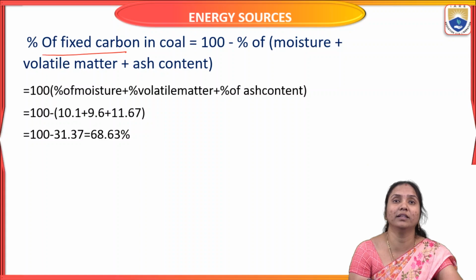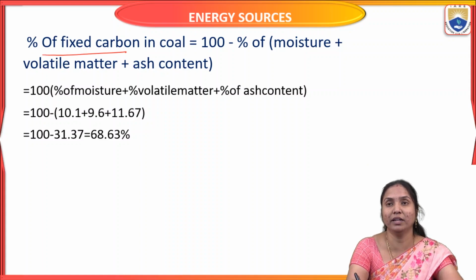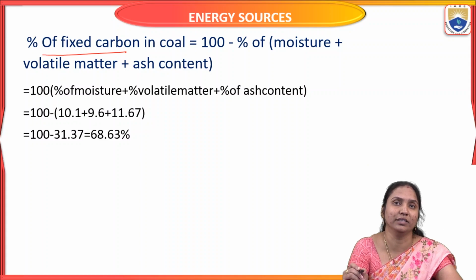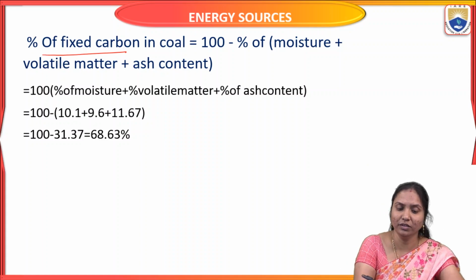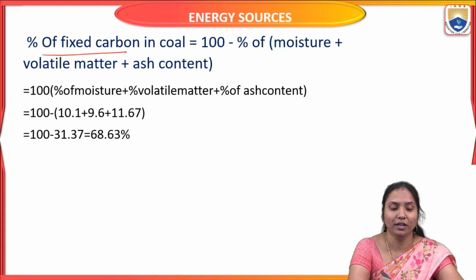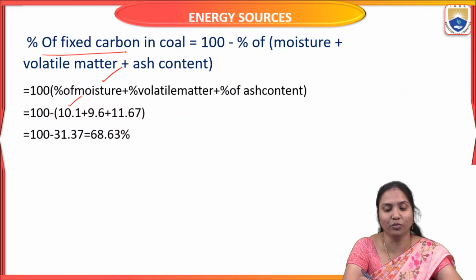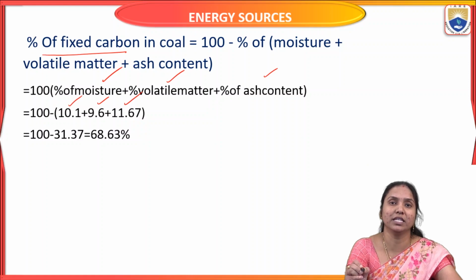So how can we calculate the percentage of fixed carbon in coal? It is equal to 100 minus the percentage of moisture content plus volatile matter plus ash content. In this formula, the moisture content is 10.1, which we calculated just now, volatile matter is 9.6, and ash content is 11.67.